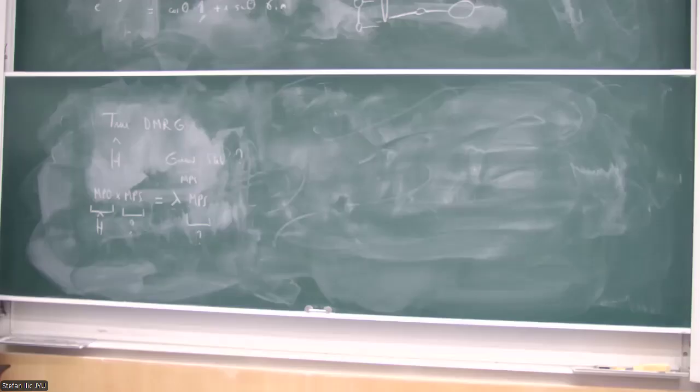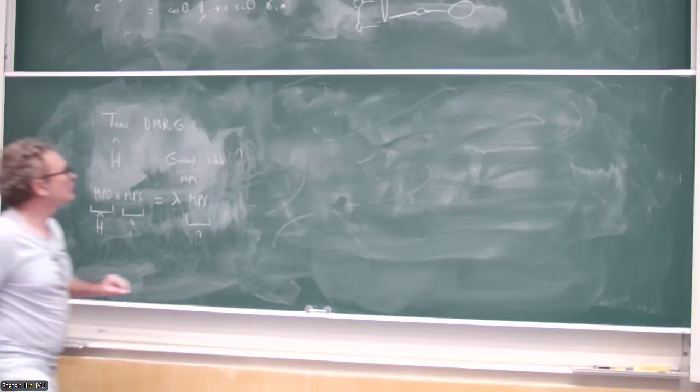So for that, I need to solve two problems. The first one is I need to put H in the form of an MPO. H so far is not an MPO, it's actually given by the Ising model I gave you. So I need to put this in the form of an MPO. And it can be done analytically. So we will just do it. Just look at it in the eye and see what the MPO is. Rank 3 MPO, very small bond dimension.